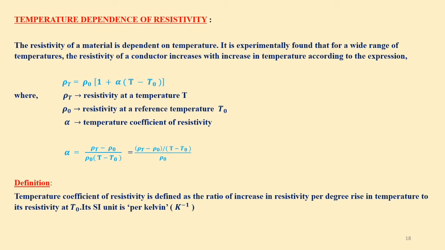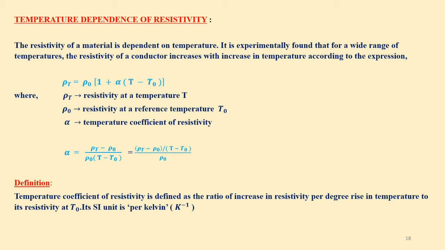Temperature dependence of resistivity. The resistivity of a material is dependent on temperature. It is experimentally found that for a wide range of temperature, the resistivity of a conductor increases with increase in temperature according to the expression rho T is equal to rho naught into 1 plus alpha into T minus T naught, where capital T is a higher temperature and T naught is a lower temperature called reference temperature.